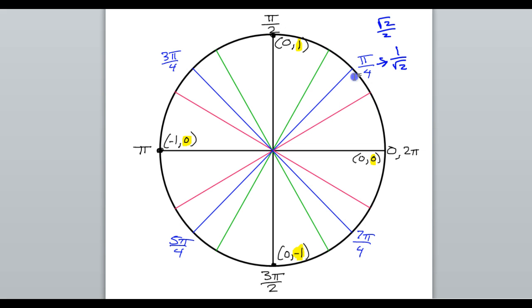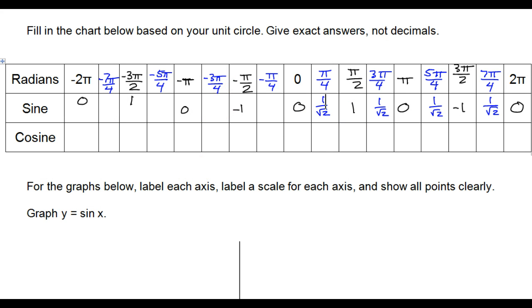So at pi over 4, the sine function is positive because sine is the y value and it's above the x-axis. Over here, 3 pi over 4, it's also going to be positive 1 over radical 2, for the same reason. It's above the x-axis, so it's positive.